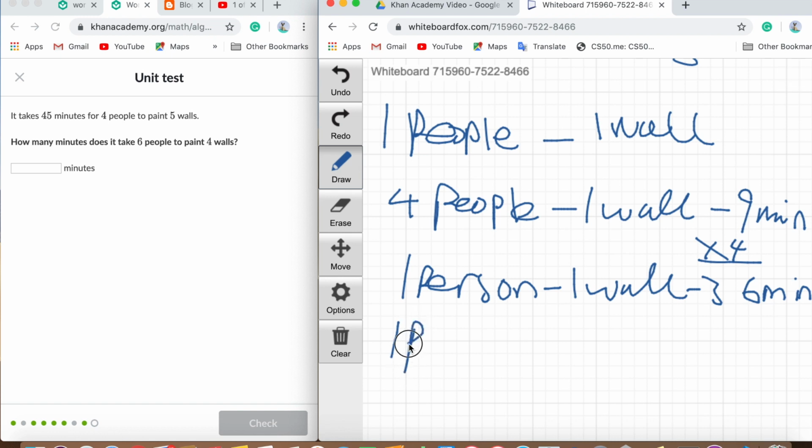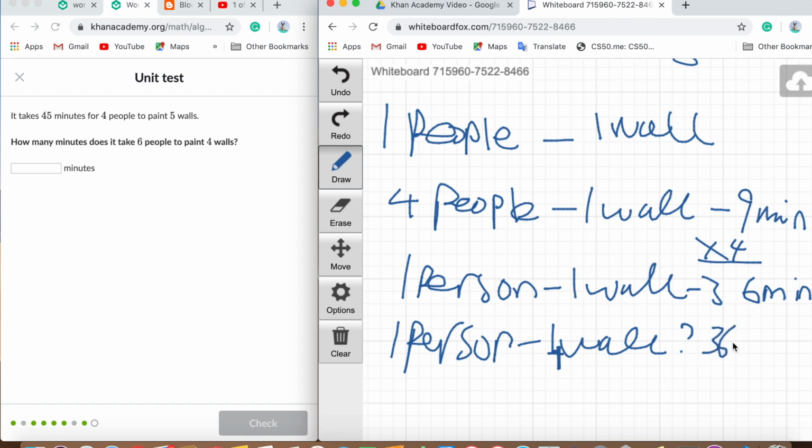So how long will it take 1 person to paint 4 walls? If you think it's 144, you're correct. What we did is 36 times 4 equal to 144 minutes.